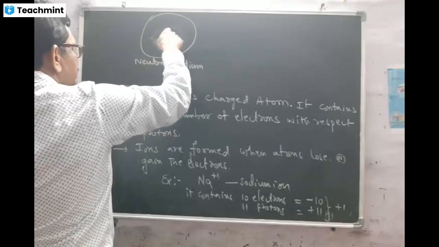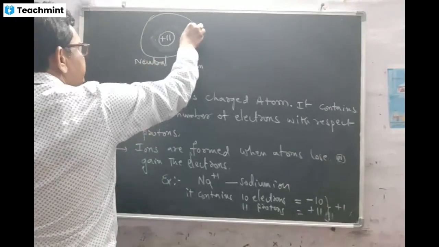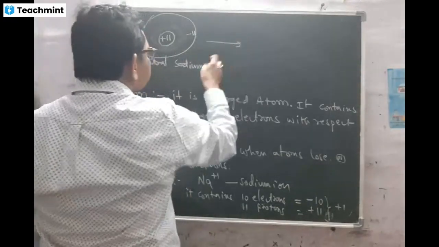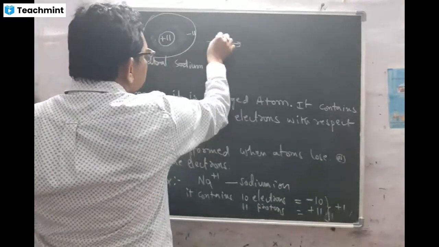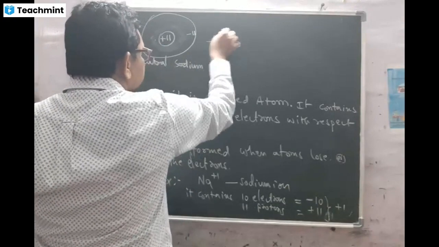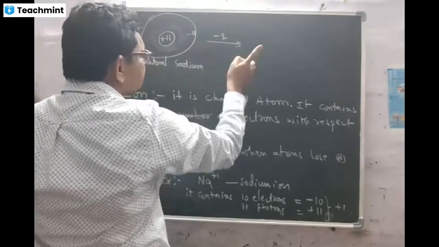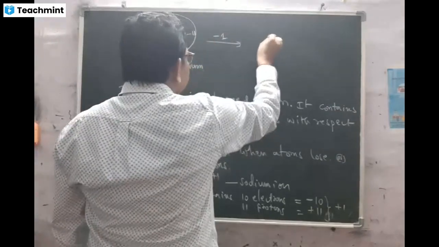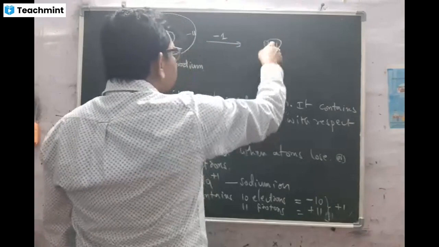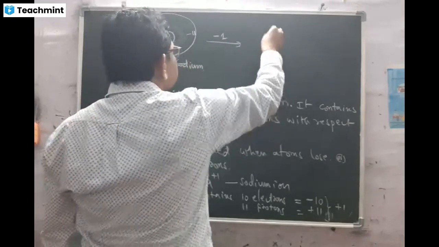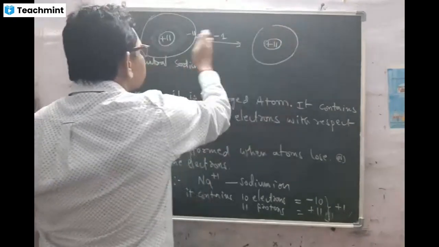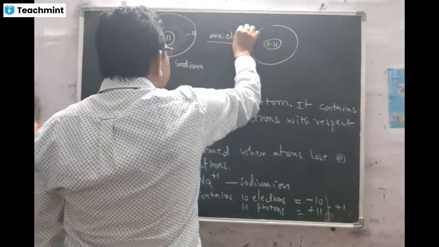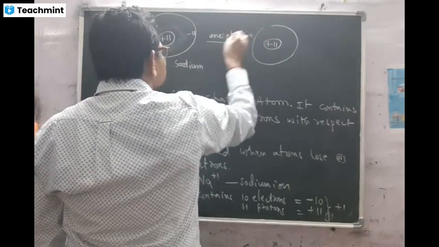Outside the nucleus, how many electrons? Minus 11. Sodium ion means this neutral sodium loses one electron, minus 1. Here 11 protons are present in the nucleus, but one electron is removed.